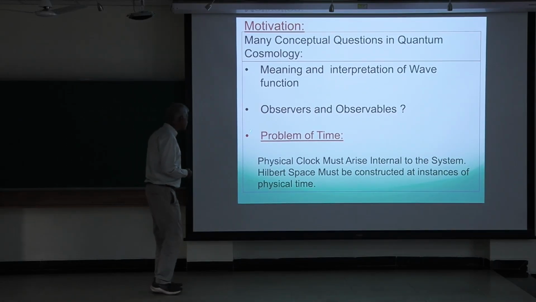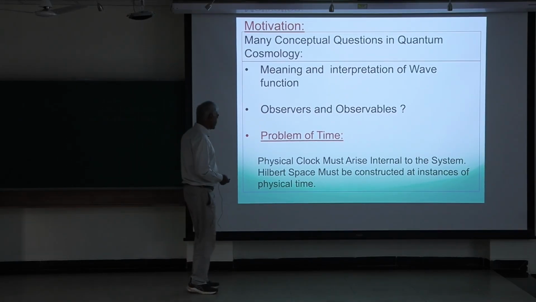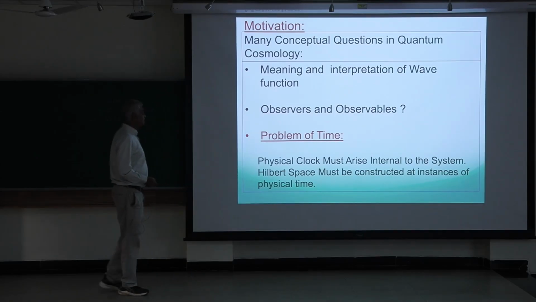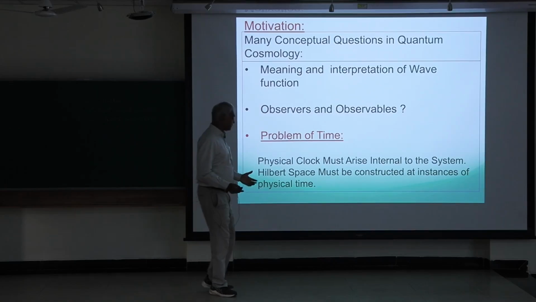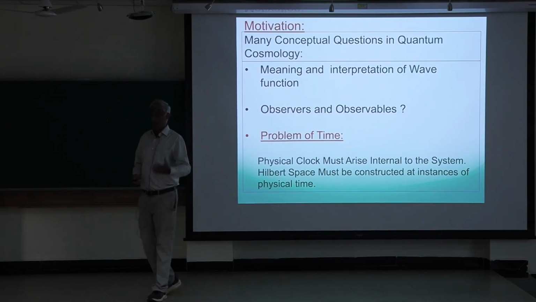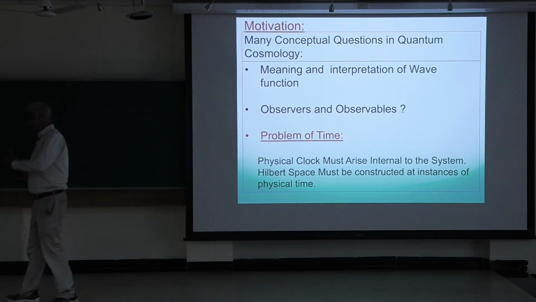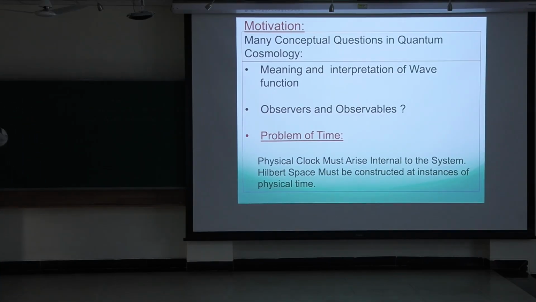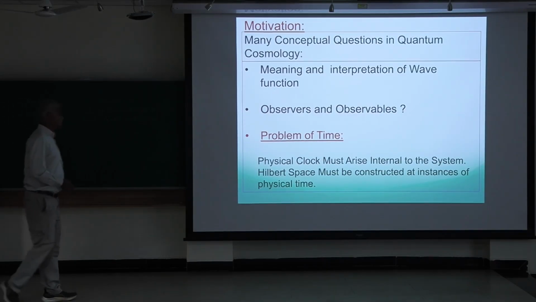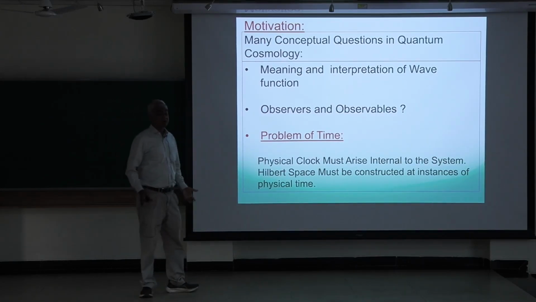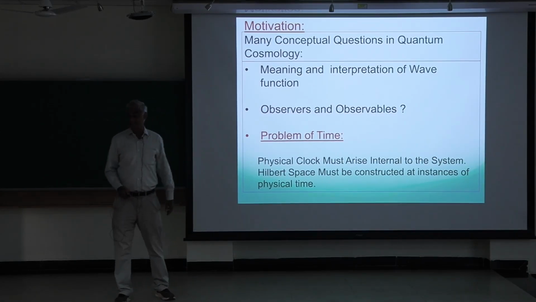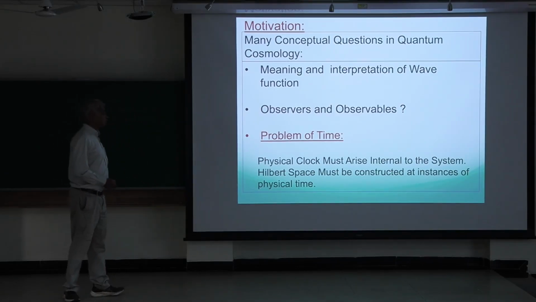Now, this is also in a sense related to the problem of time, and this problem pertains to the fact that there's no clock external to the universe. So especially when you're thinking about canonical quantization, we have space and time, we work on slices of constant time and so on. But here there's no clock external to the universe. So a physical clock has to arise from within the system, from among the degrees of freedom of the system.